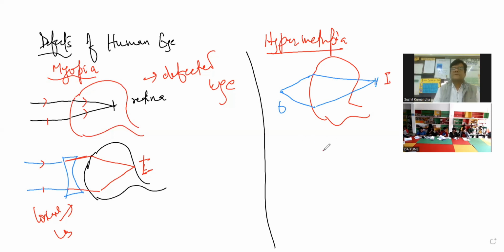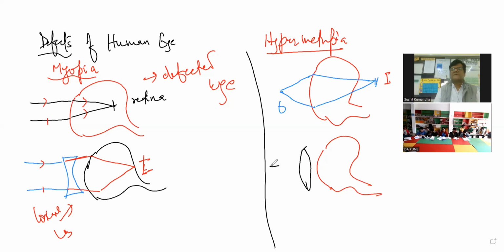Now if we take corrective measures, we use a convex lens because curvature has reduced.